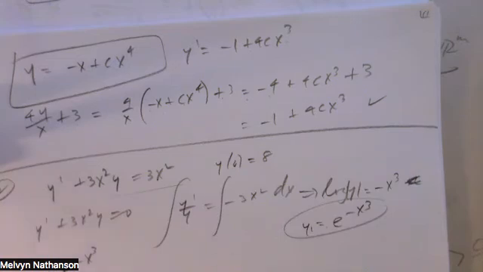So y prime is u prime e to the minus x cubed minus 3x squared u e to the minus x cubed.